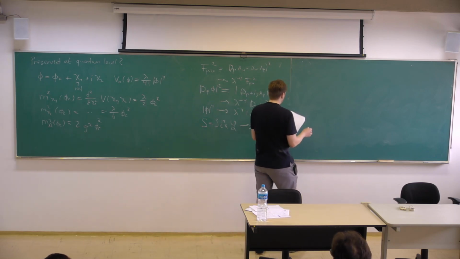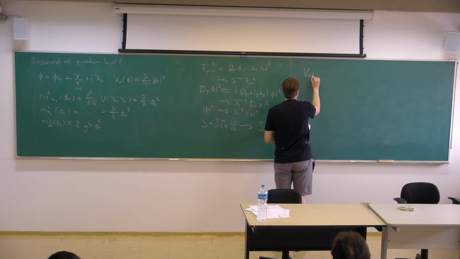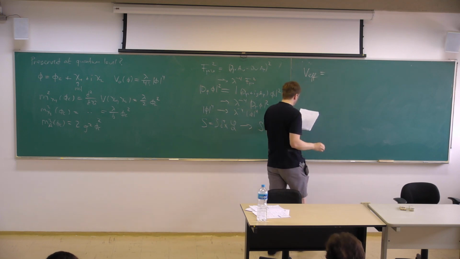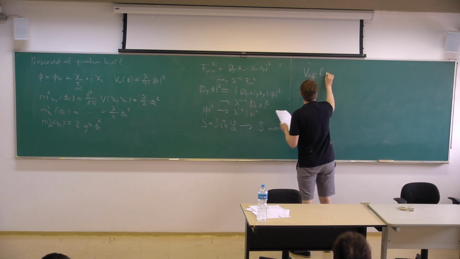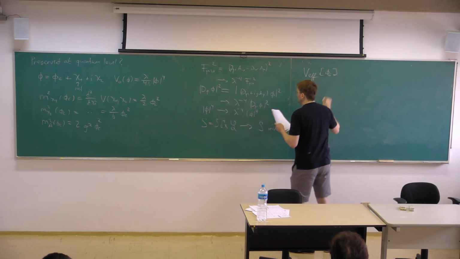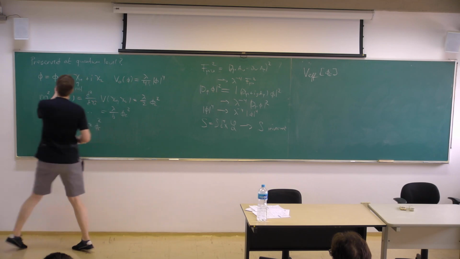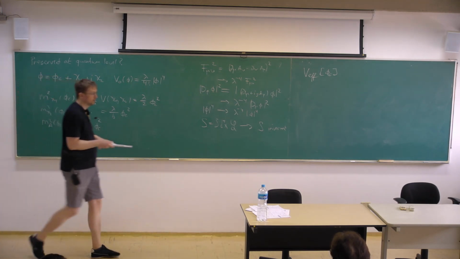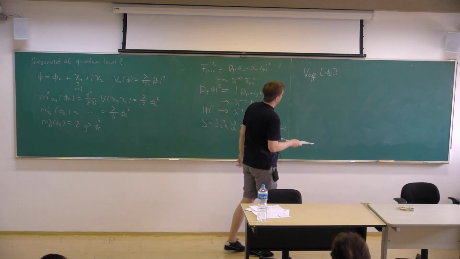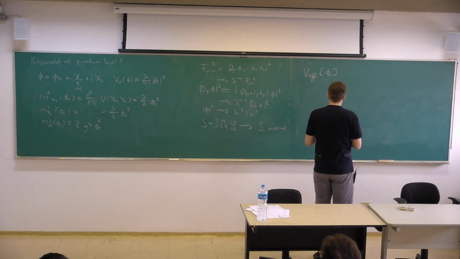Now I just work out the effective potential. I'm just using the master formula that we derived, and I'm interested in the effective potential as a function of this background field, right? This is the field that gives masses to particles now, and this potential will be corrected.